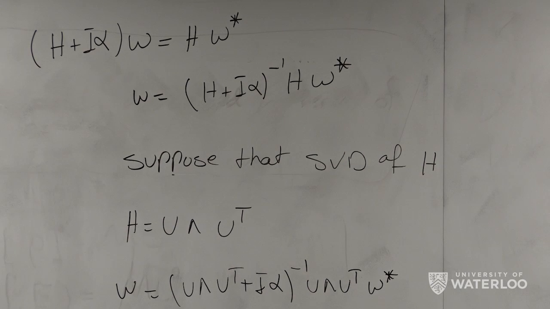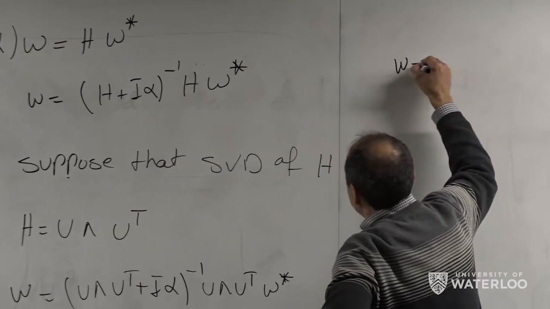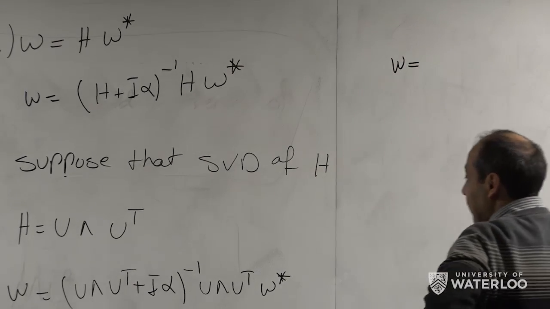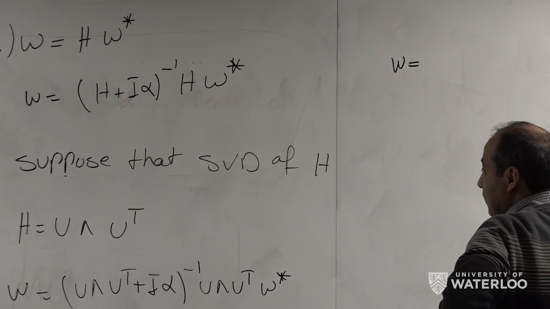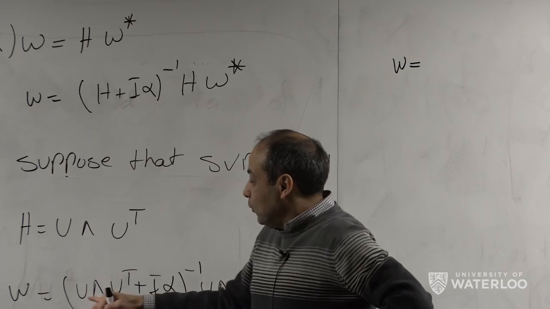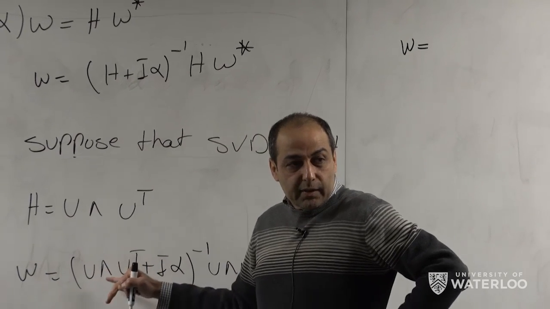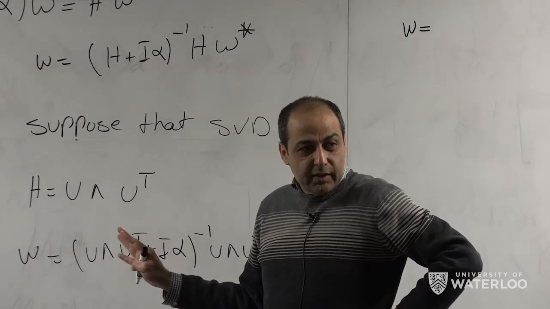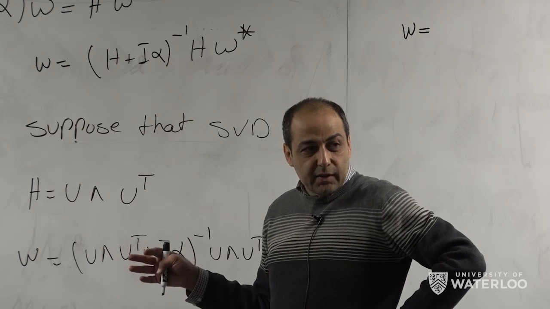Okay. So w will be... U is an orthonormal matrix. So U transpose U is identity.